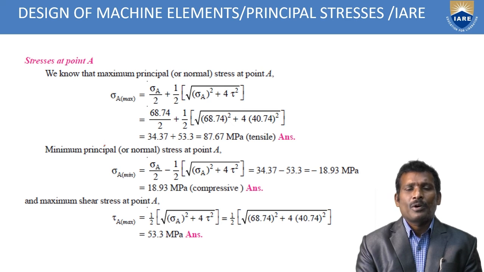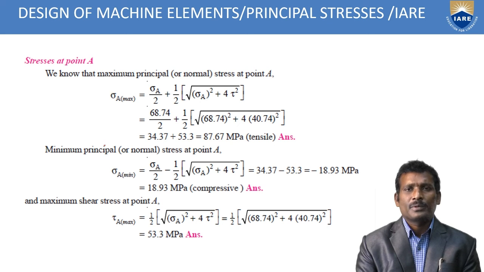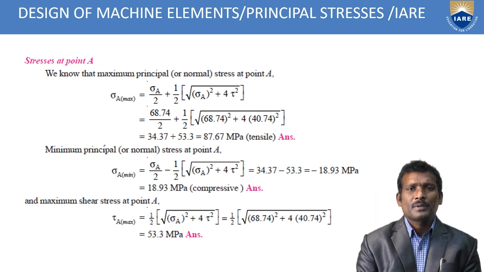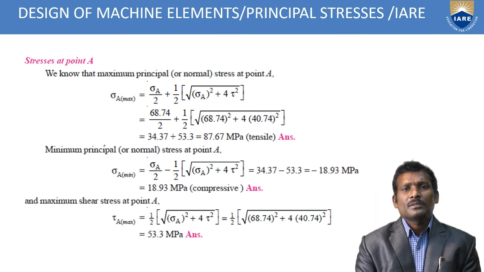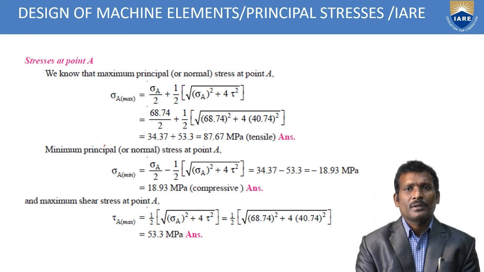Now stresses at point A. So what are the stresses acting at point A? Maximum principal or normal stress at point A. Already we have studied in principal stresses, due to the combination of torsion loads and bending loads, some principal stresses will occur. Maximum or minimum principal stresses are also called normal stresses.